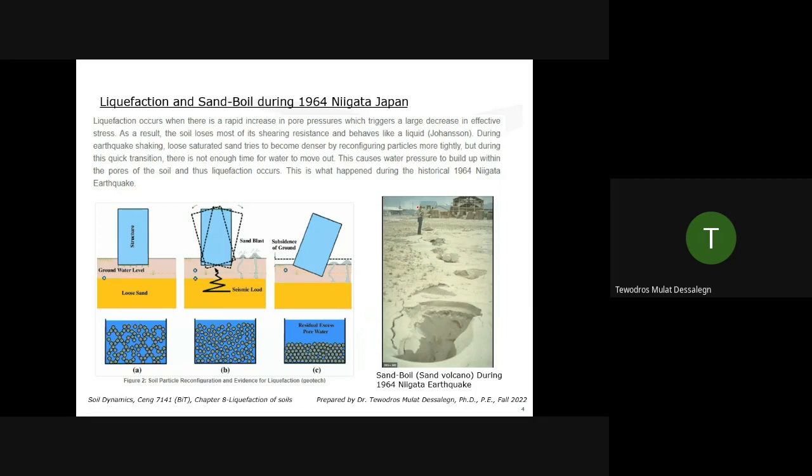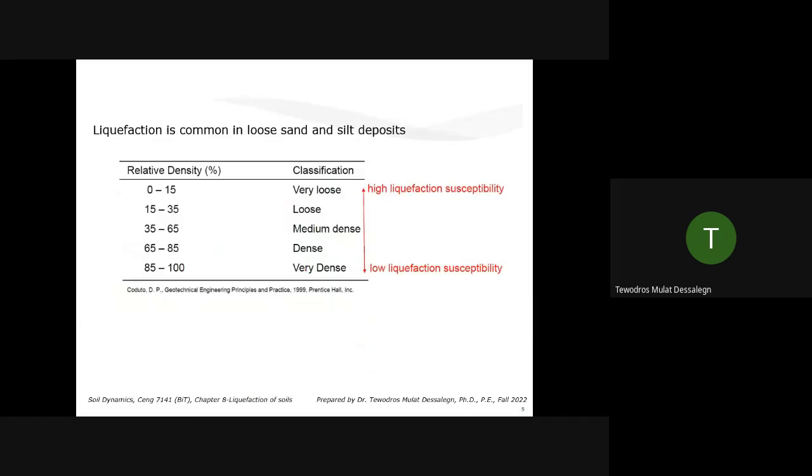So this happened in the past. During the Gata earthquake, we have seen this example in at least a couple of chapters. And liquefaction is common in loose sand and silt deposits. If it's gravelly soil, there is enough pore space for the water to escape. If it is fine-grained soil like high plastic clay, it doesn't compress so fast, so the water pressure doesn't develop so quickly.